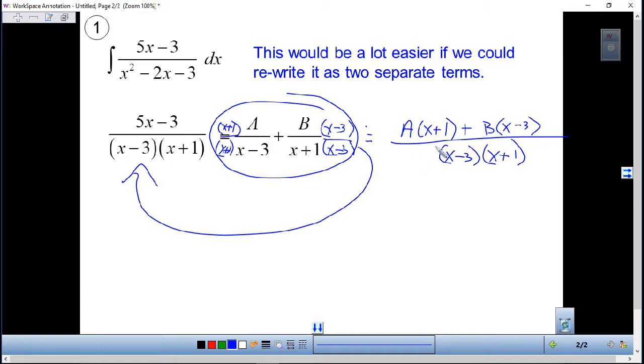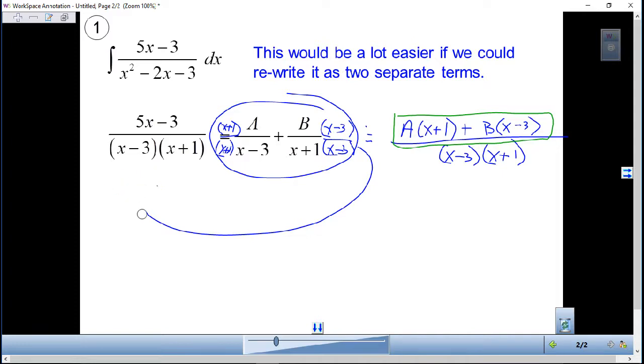So what we would end up with now, I would take this entire numerator, A times x plus 1 plus b times x minus 3, and I'm going to set that equal to 5x minus 3. All right, so let's do that, and you're going to be able to solve for a and b.